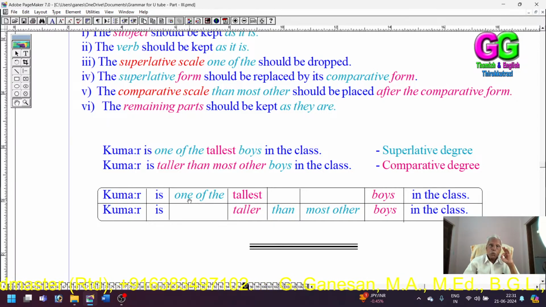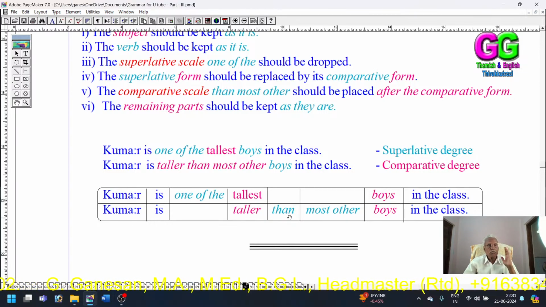Thirdly, the superlative scale, one of the, is dropped. The superlative adjective tallest is replaced by the comparative adjective taller.